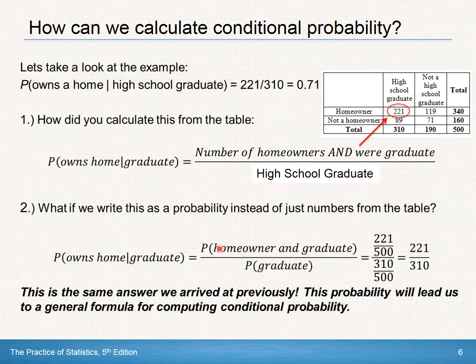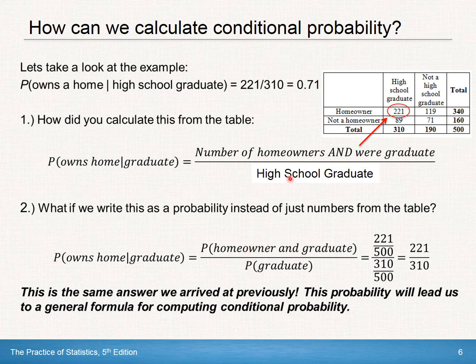The numerator was the probability that they were a homeowner and a graduate. So where can I find that on my table? What's the probability that they're a homeowner and a graduate? We'll take a look. The probability that they're a homeowner and a graduate is 221 out of the total of 500. That's just the probability of homeowner and graduate.